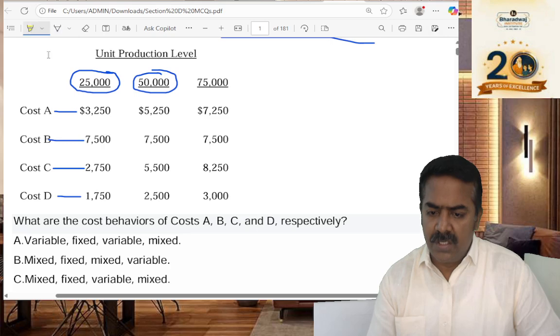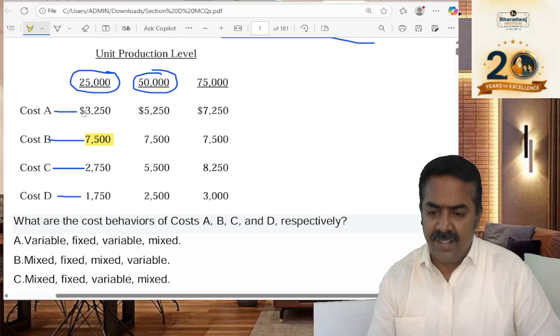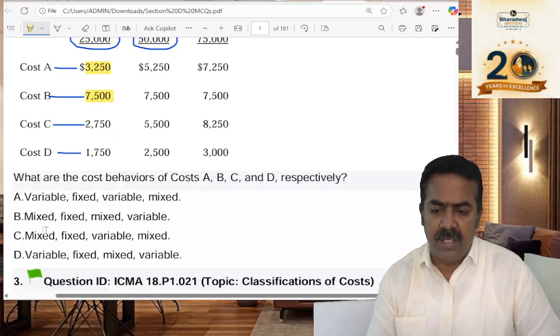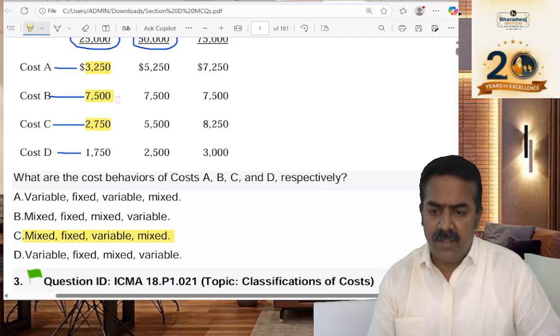So which one is fixed cost? B. B is fixed cost. So I hope in all the options B comes. Then A is a mixed cost. Mixed cost comes in B and C option. Then this is a variable cost. I hope this is the option. Clear?